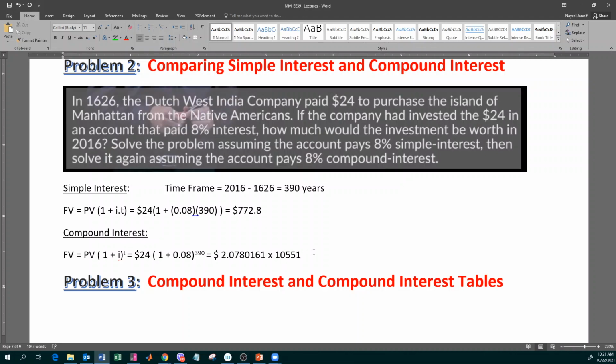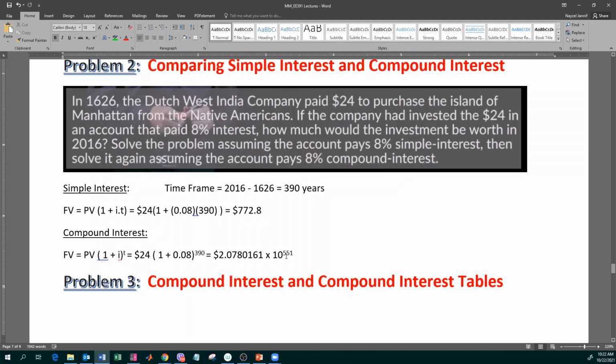Times 10, it's 260 million. No, not even that. Look at this value which I'm writing over here. Let me zoom in for you. It's 2.07 times 10 to the power of 551.